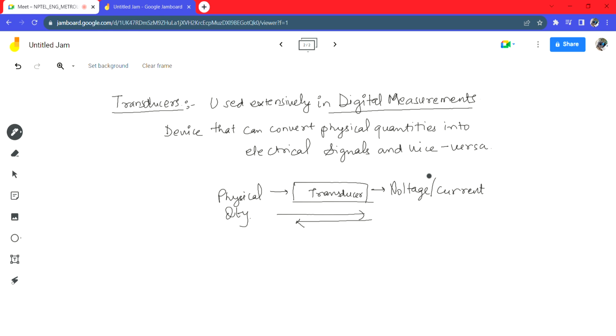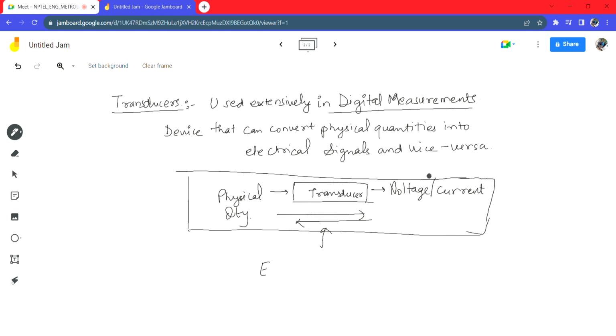So, we have seen last time that if we supply voltage, we can see the change in physical dimensions of the body. Now, let us start our conversation from here today. So this essentially, when we see this, and if we consider this to be the heart of a transducer, what we are typically doing here is energy conversion.